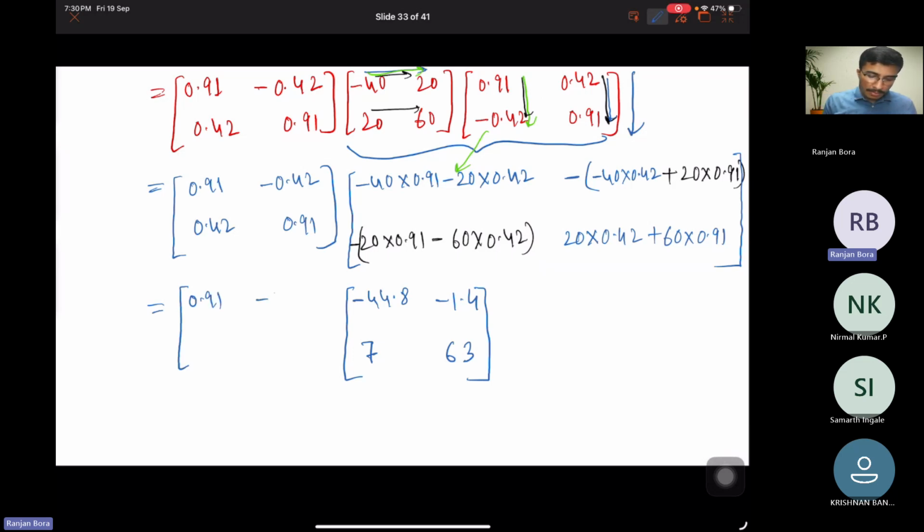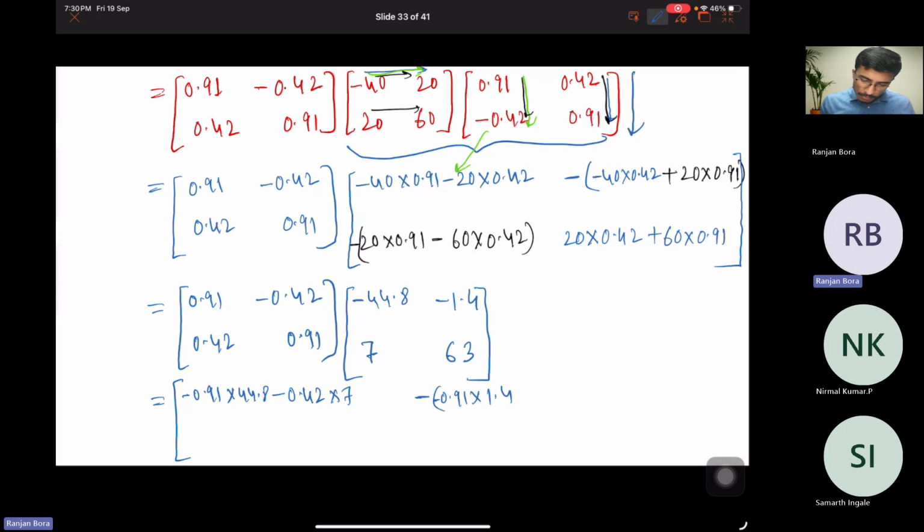Now I need to do this multiplication of these two matrices. So it will be minus 0.91, 44.8, minus 0.42 into 63, 44.8 plus 1.4 plus.